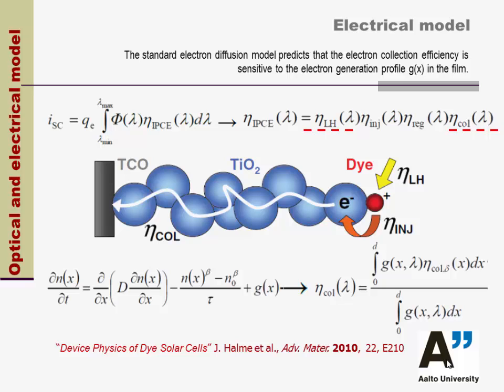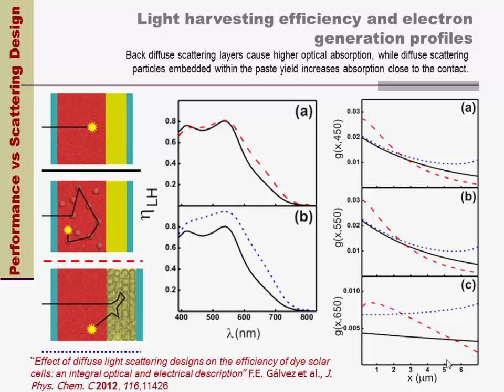And this is another way in which your optical design is modifying the performance of your cell, not only by increasing light harvesting, but also by changing the position inside the device in which the carriers are generated. Is this relevant? Well, it is actually, although not always, and this is exactly what I'm going to say next.